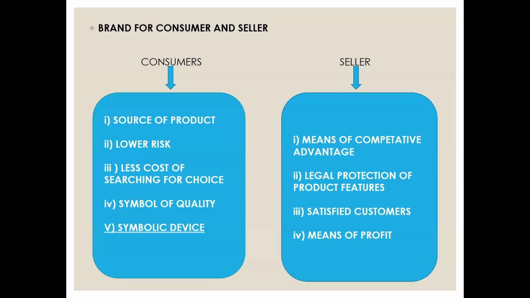They can easily identify the brand with the company, the organization or the manufacturer of a product. For sellers, it's a means of competitive advantage to show their differentiation in the market. It's a legal protection of product features such as the know-how, the formulas of their products or the technology, whatever it is. It enables them to get satisfied customers, and it's a means of profit.